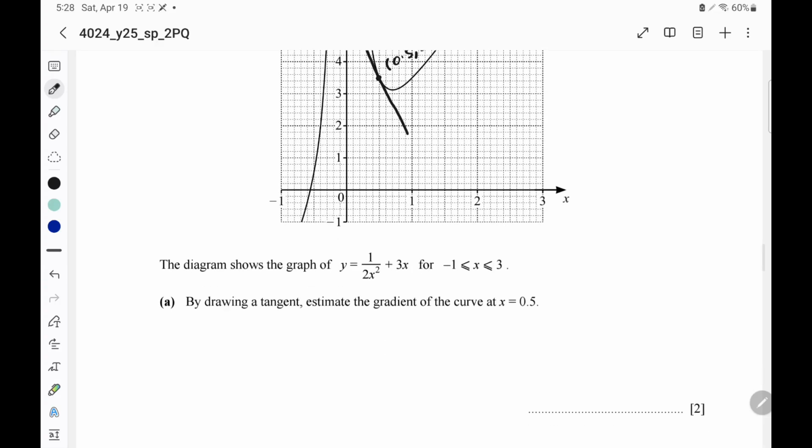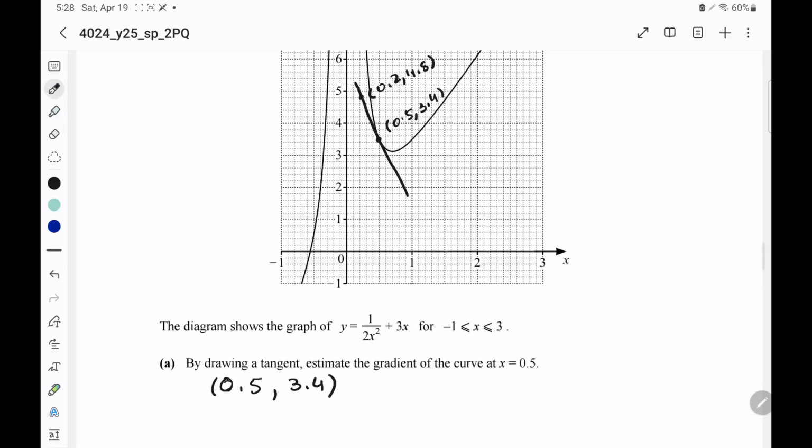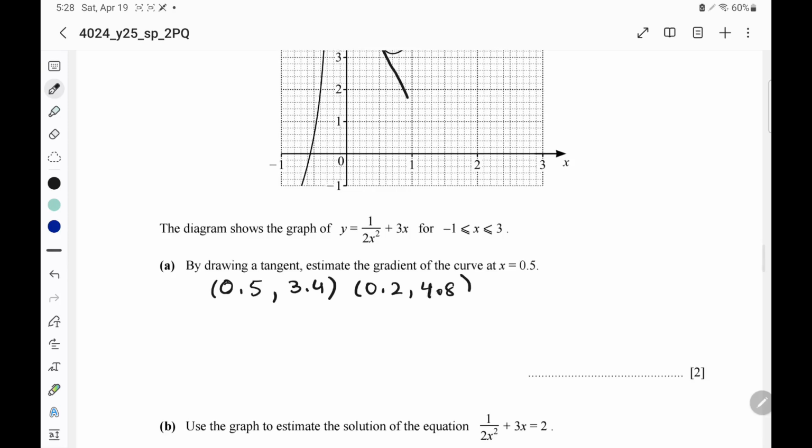Okay, so 0.5 and 3.4 and 0.2 and 4.8, y2 minus y1 upon x2 minus x1, 4.8 minus 3.4 upon 0.2 minus 0.5.